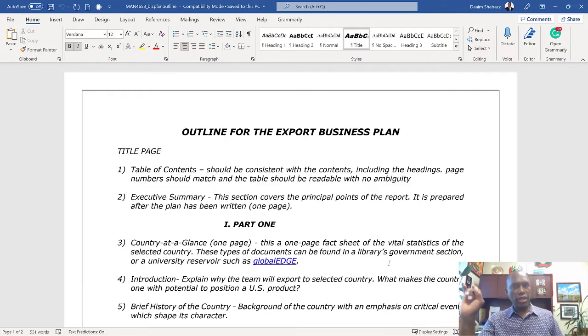So you have to be very careful that you make sure the page numbers coincide with the actual document. There's nothing worse than going into a document, going to the table of contents, looking at a particular section that you want and the page number, going to that page number and it's not there. Because that throws the entire project into question.